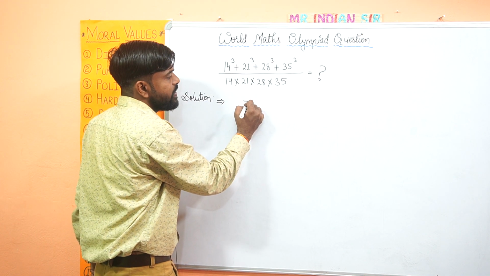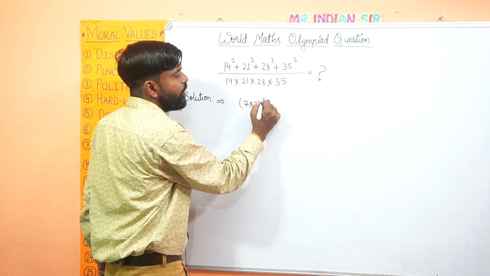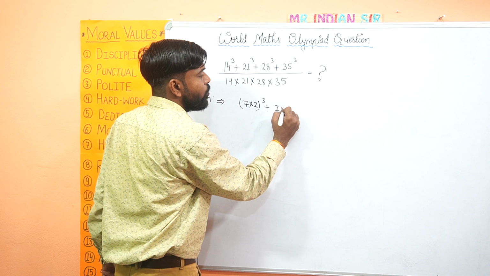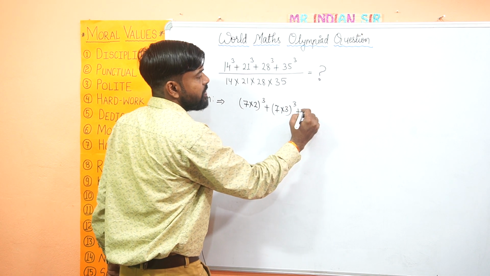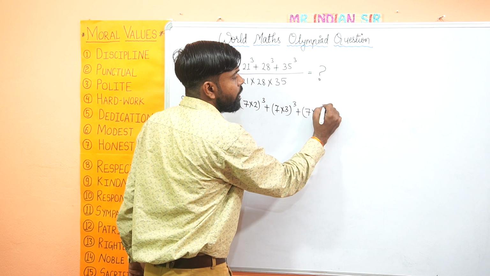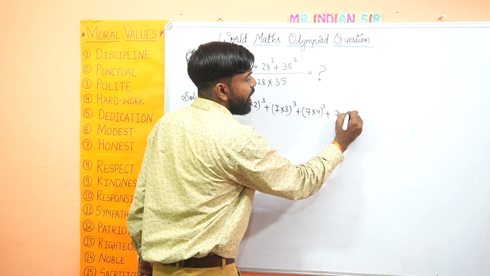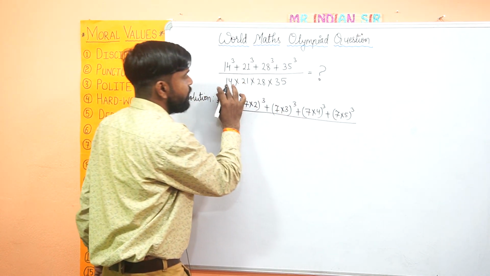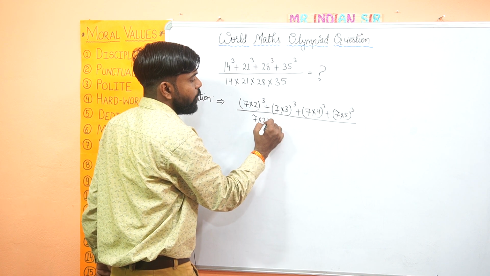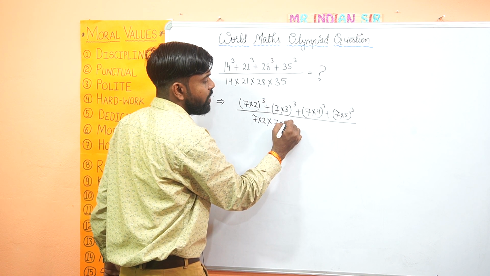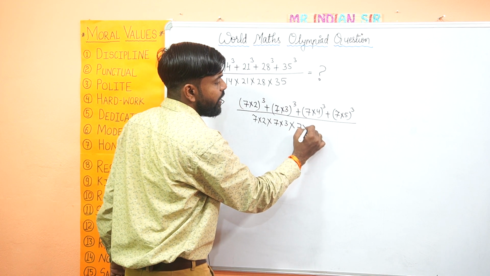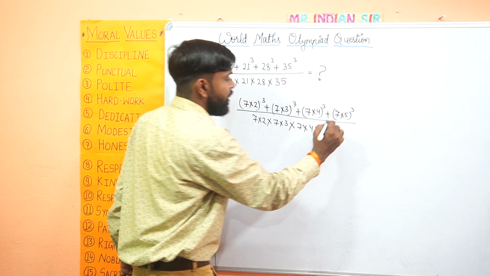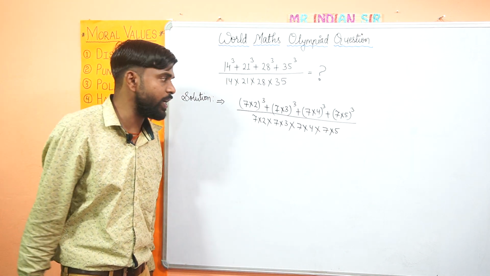So this will become 7 into 2 whole cube plus 7 into 3 cube plus 7 into 4 cube plus 7 into 5 cube in the numerator, and in the denominator we will have 7 into 2 into, what about 21, 7 into 3 into, what about 28, 7 into 4, and 35 is 7 into 5. Okay, so this was the first step that we need to take care of.